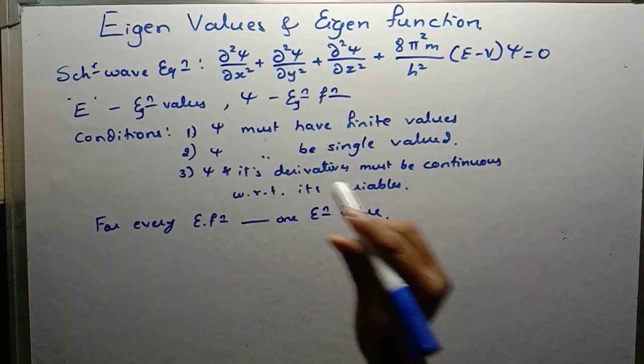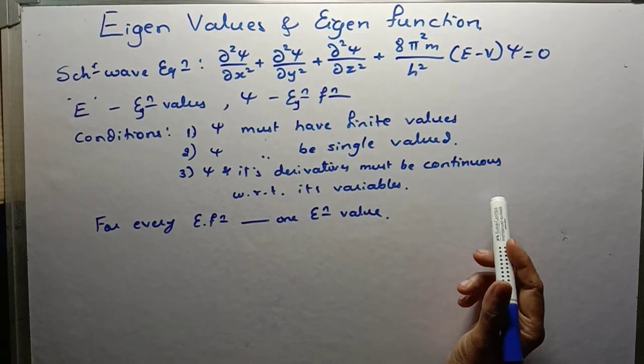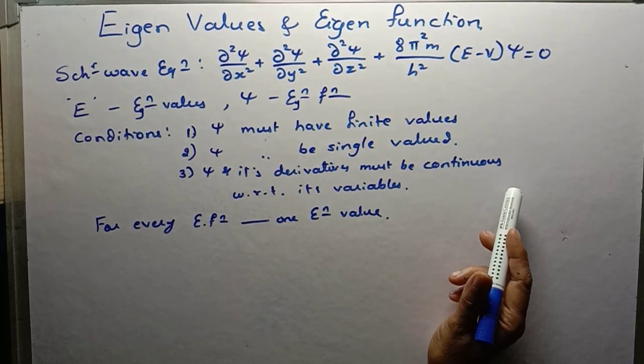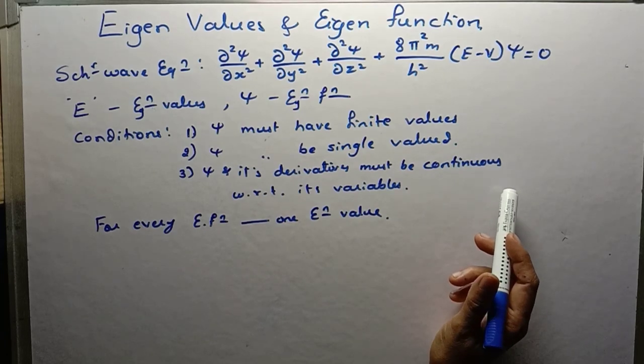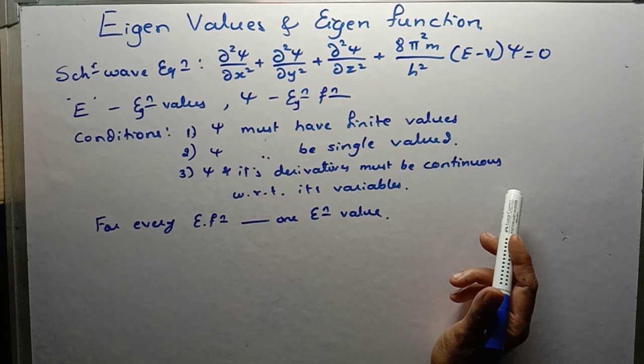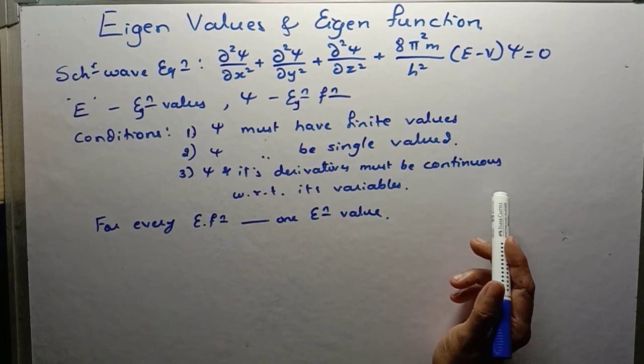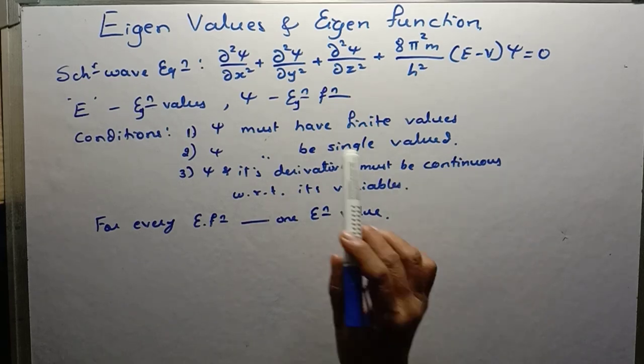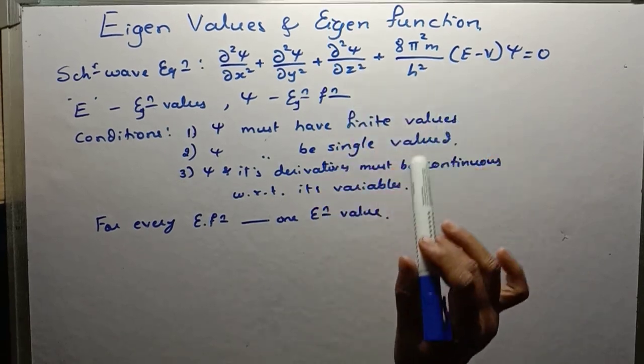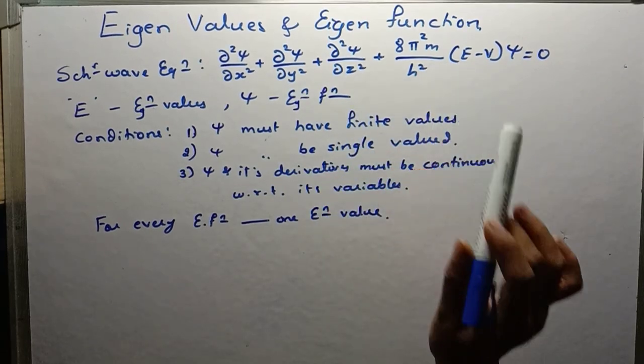Now, eigenvalues and eigenfunctions. You are well familiar with the Schrodinger wave equation, which is derived for the electron wave, and the electron should obey this equation.